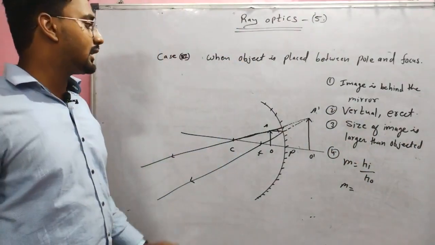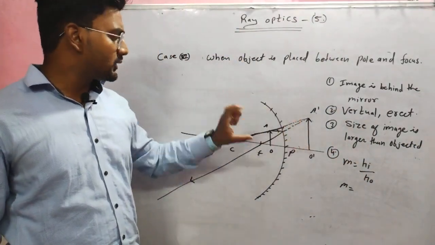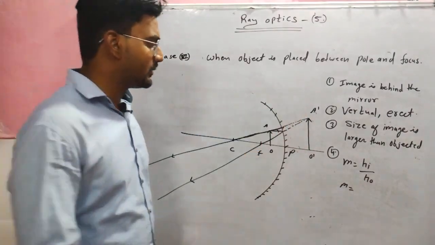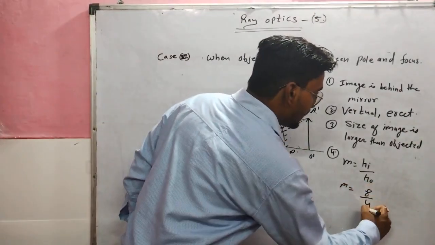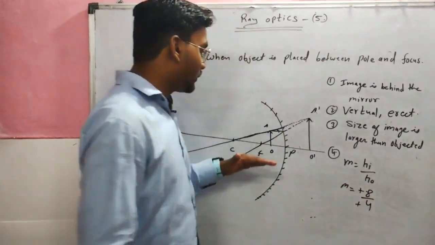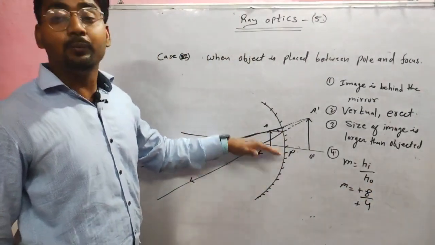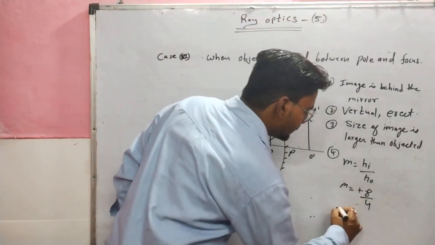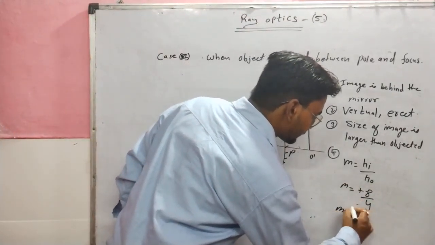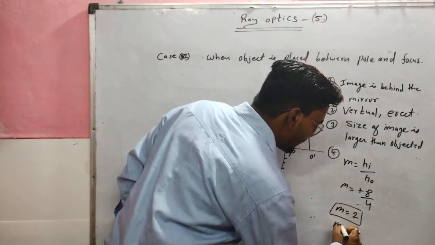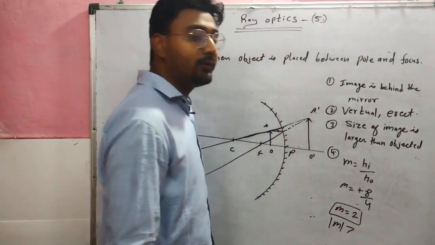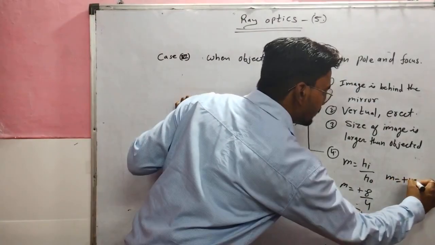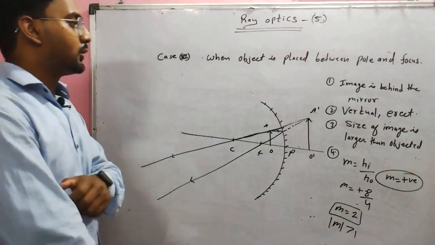Suppose we take the object size as 4 centimeter and image is formed 8 centimeter, then 8 by 4, and here we sign both positive because both are formed on the upward side of the principal axis. That's why the magnification is 2. So we say that the magnitude of the magnification is greater than 1, and magnification is positive.